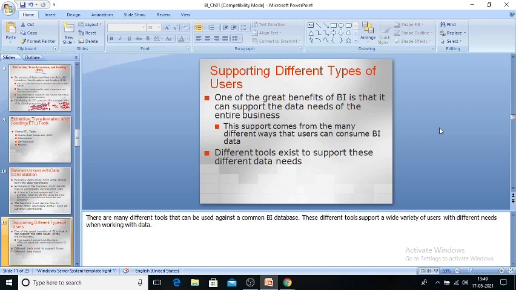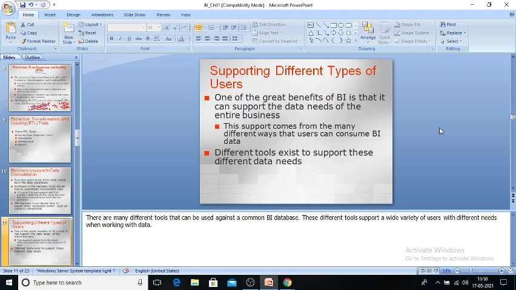This support comes from the many different ways that data users can consume business intelligence data. Low level people can use it, middle level people can use that data, and high level people can also be presented the same data.